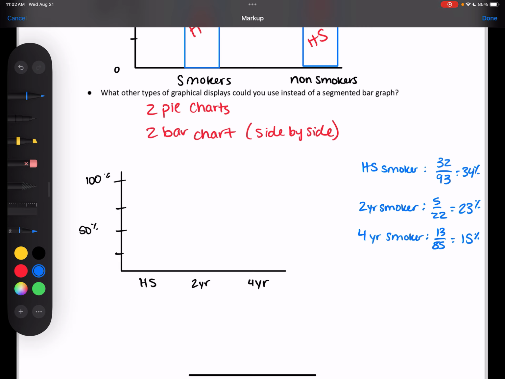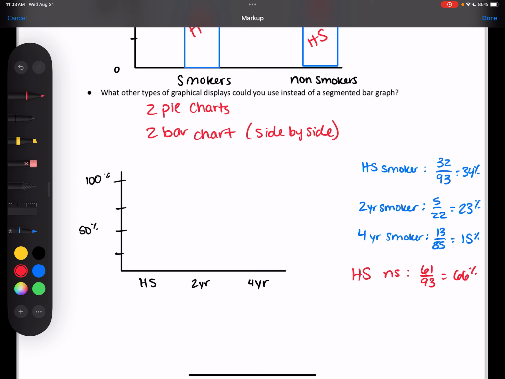And then to do non-smoker, I'm just going to do NS for non-smoker, just to abbreviate it. So that would be 61 out of 93. Which is going to round to 66%.